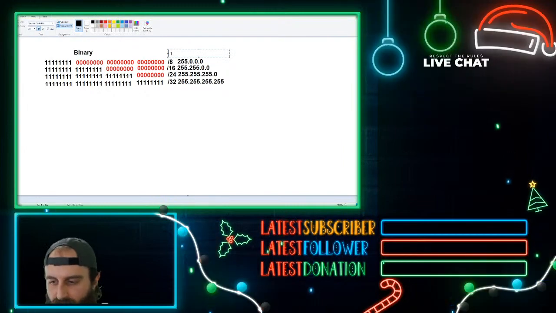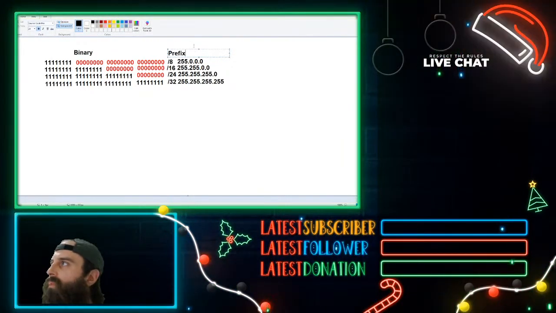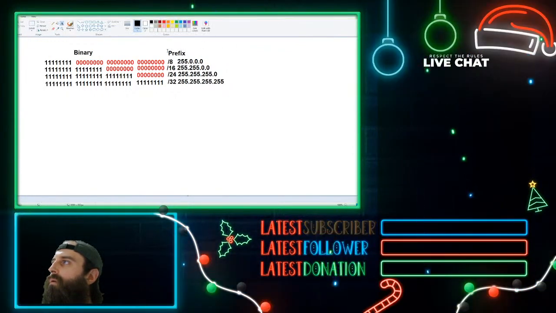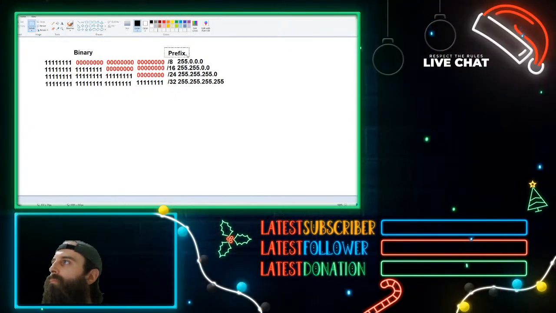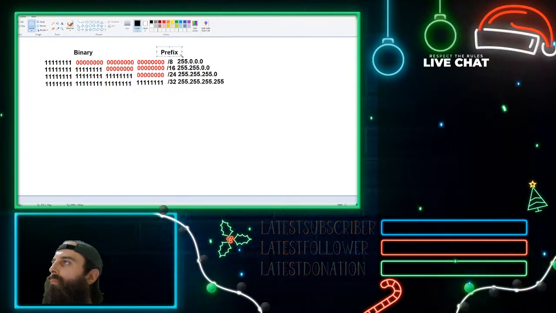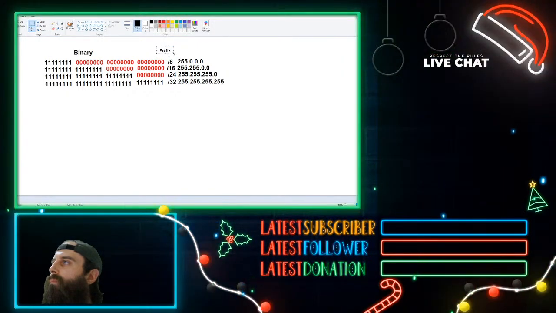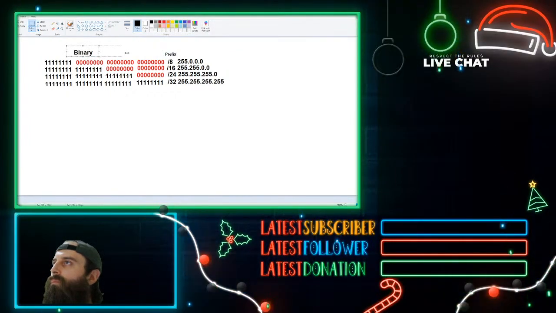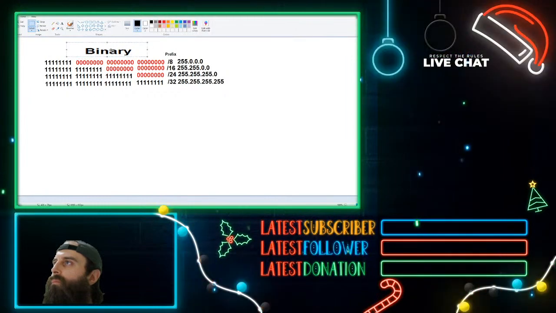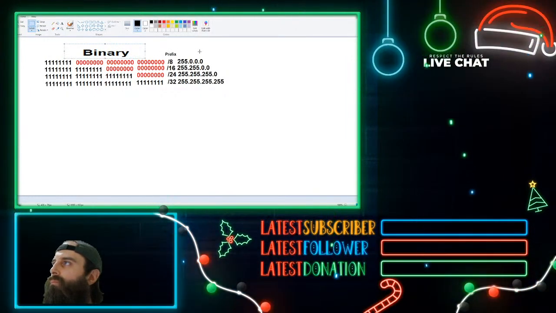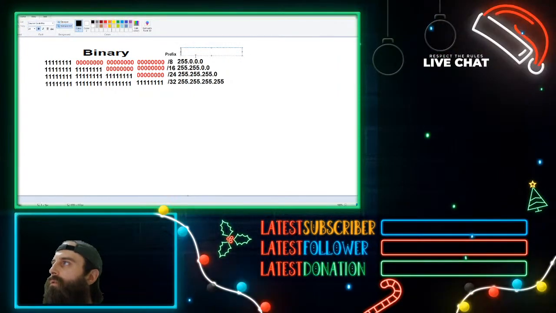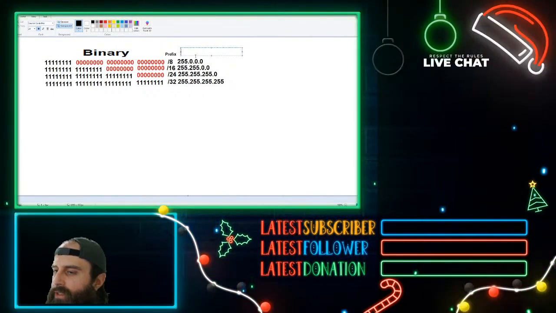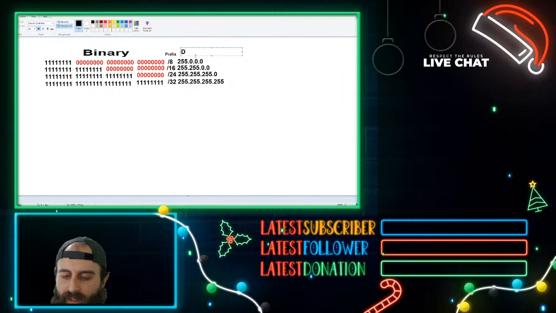Slash notation, prefix. This would be DDN, which stands for dotted decimal notation.